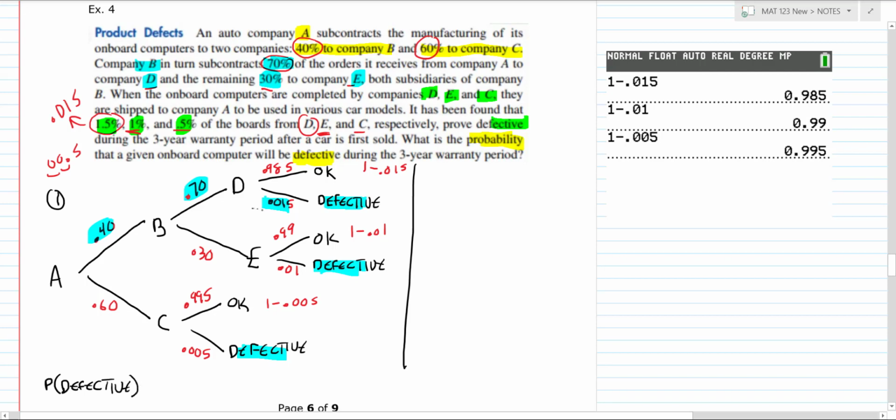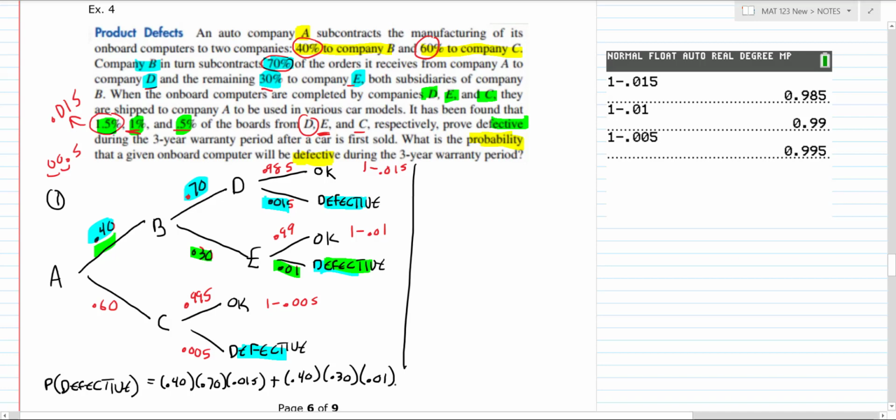So when we put the probability of a defective, we would have 3 individual probabilities. The first branch would be 0.40 times 0.70 times 0.015. The second way to get defective is to go through E and through B, so that would be plus 0.40 times 0.30 times 0.01.